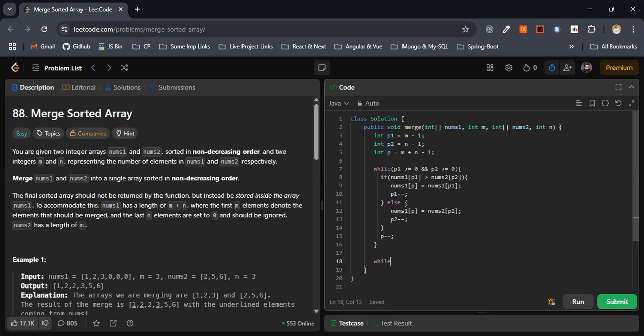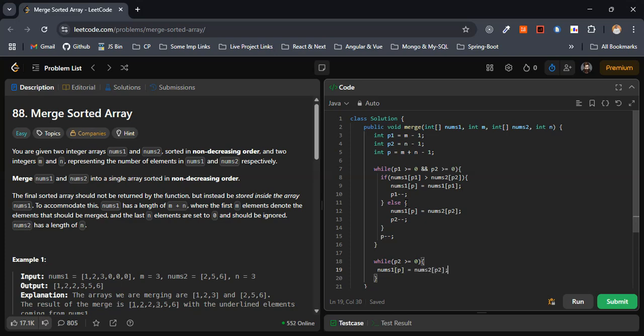So let's write a simple while loop here, because p2 has to be greater than or equal to 0 at any cost, so we go with a while loop rather than an if condition. If any elements are left in nums2, we copy them: nums1 of p is assigned nums2 of p2.